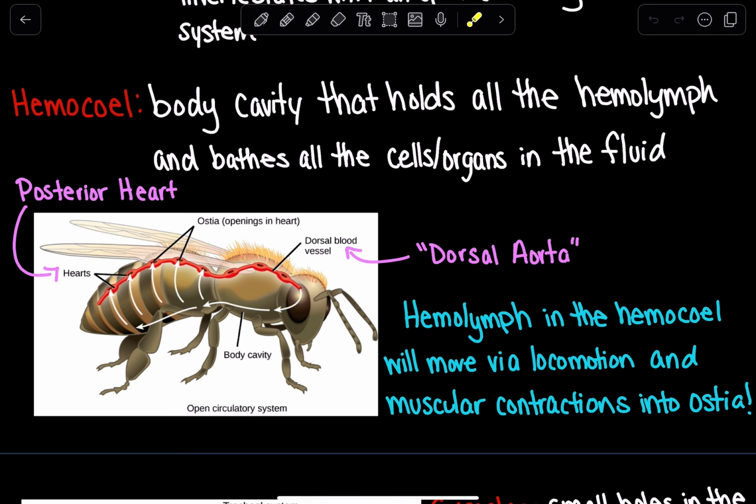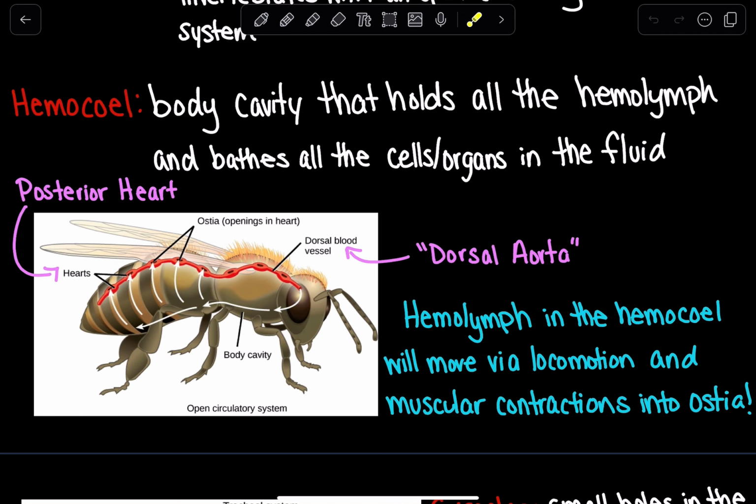Once it's back in, it travels all the way around and gets back out. Now, the second question you may be wondering is that once the hemolymph is in the hemocoel and it has dropped off the nutrients and possibly gases that are needed, how does our hemolymph get reoxygenated?